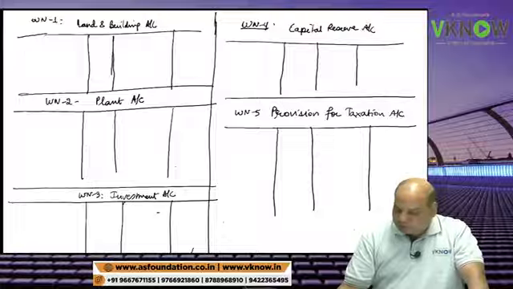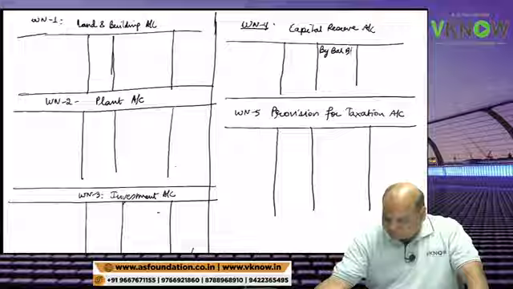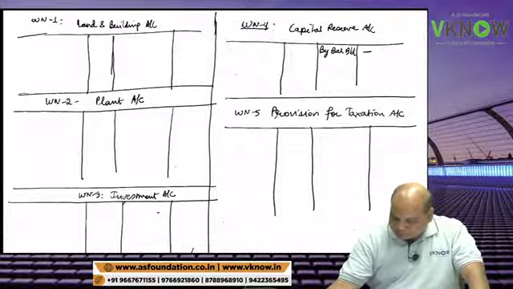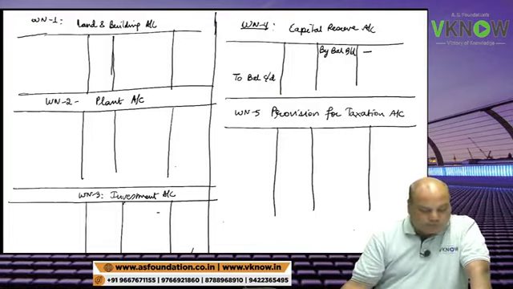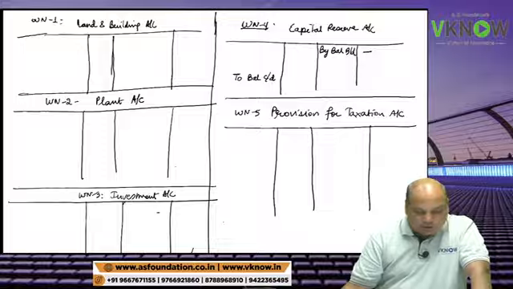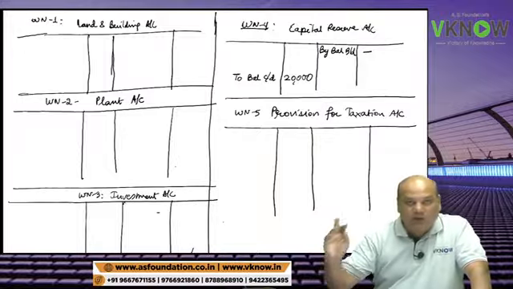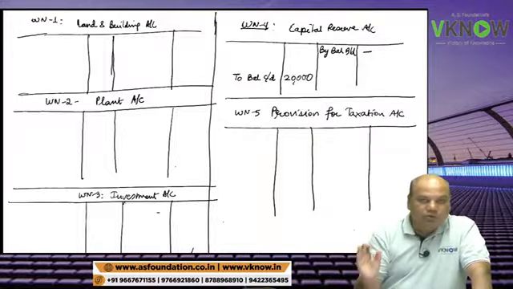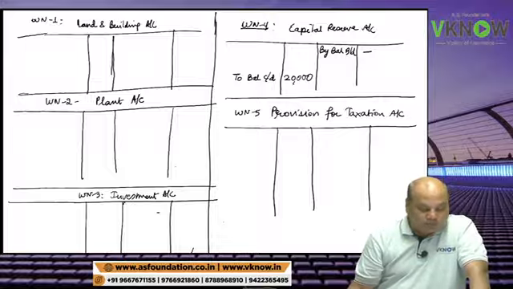Then we have capital reserve in the question. Capital reserve opening balance by balance brought down is nil, but it has a closing balance. Working note 4, by balance brought down to balance carried down. Just write down here 20,000. I will come back to this. We will not change the sequence. We'll go line by line, and then you don't miss anything.